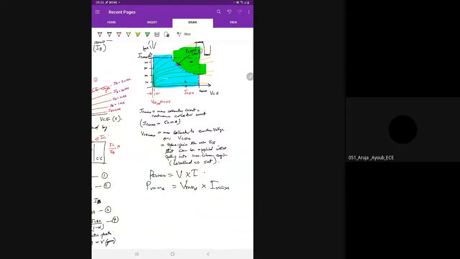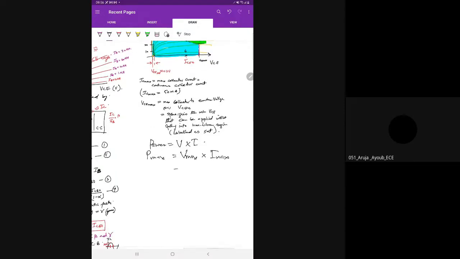We cannot exceed the ratings of a BJT. अगर BJT ऐसे बनाया गया है, एक डिजाइनर ने इसको बताया है कि it can bear, for example, 1 watt. So in that case, your voltage will be equal to 1 volts and current will be equal to 1 ampere. Then only we can say that it is dissipating 1 watt of power.